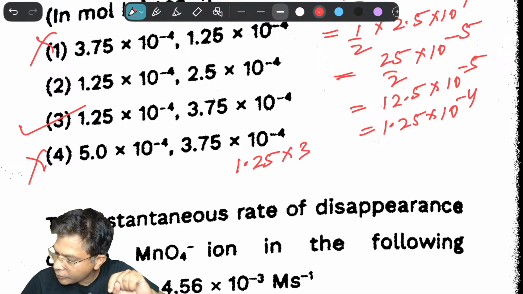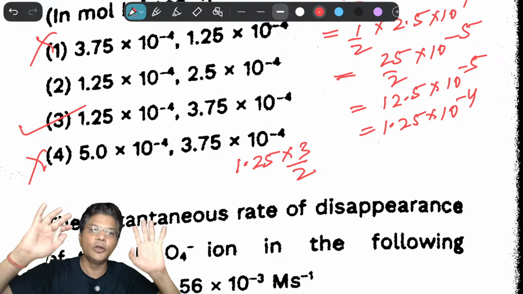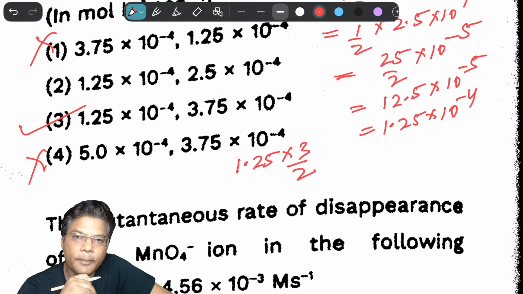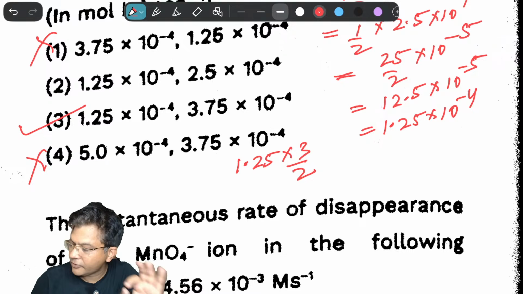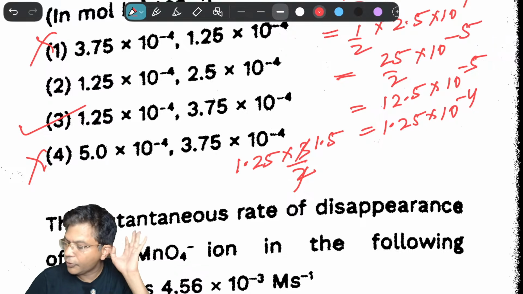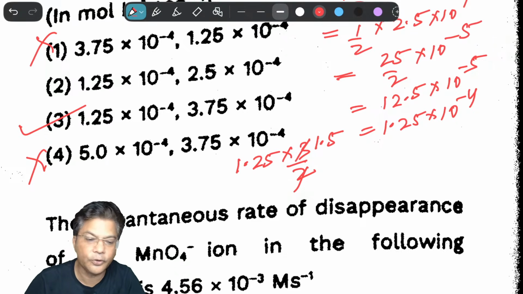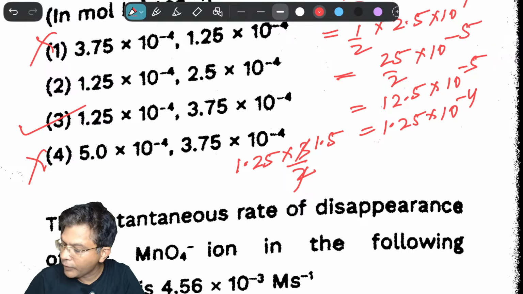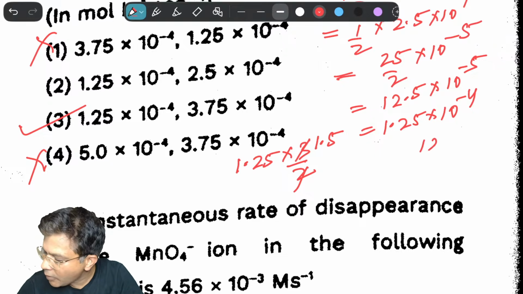How to do it, kids? Simple maths. You can do 3 by 2, that is 1.5. Now 1.5 into 1.25, how much is it coming? Who can do it?